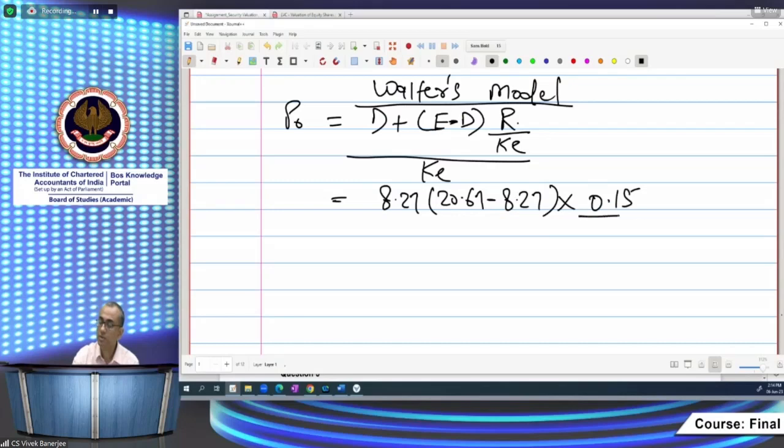So it will be 0.15, R, return on equity, upon KE, which is the cost of capital. It is also given in the question. This is divided by the cost of capital, KE.